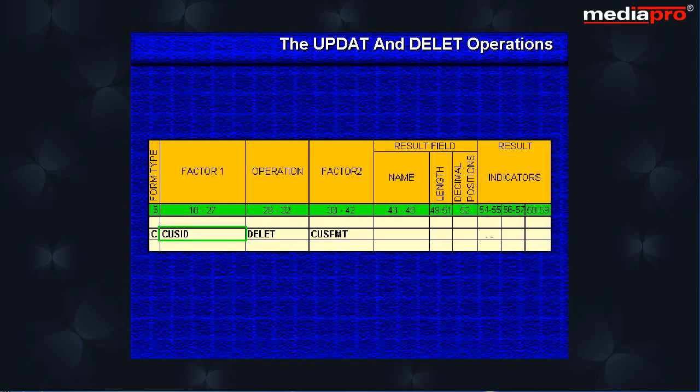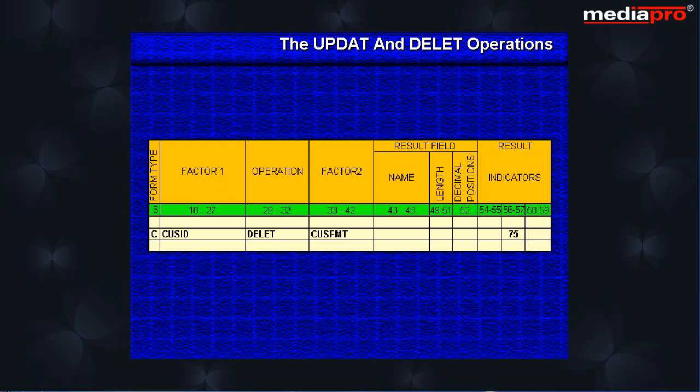When an entry is specified in factor 1, an indicator is required in columns 54-55 that will be set on if the record to be deleted is not found. An indicator can be used in columns 56-57 to signal error conditions.